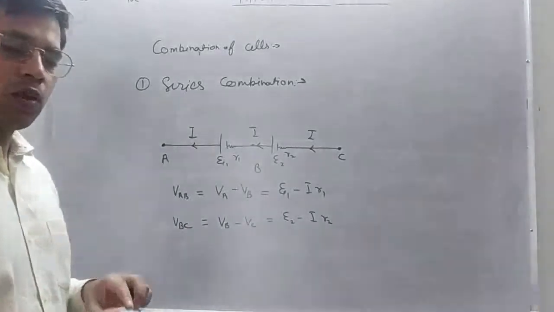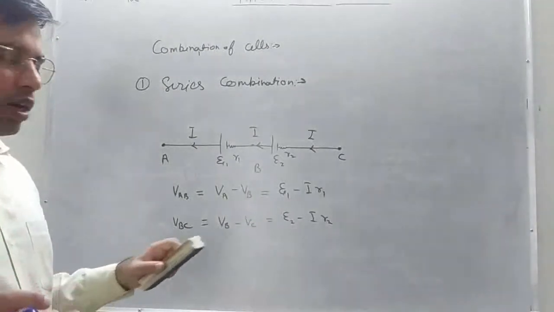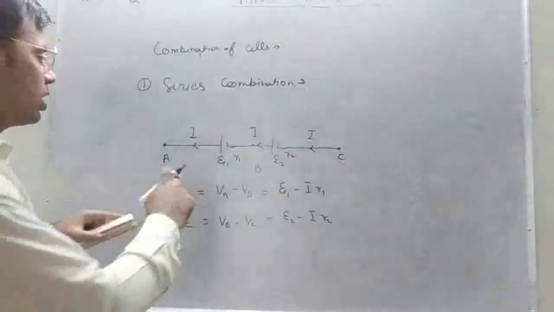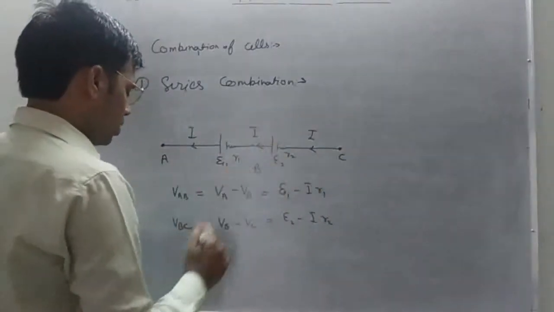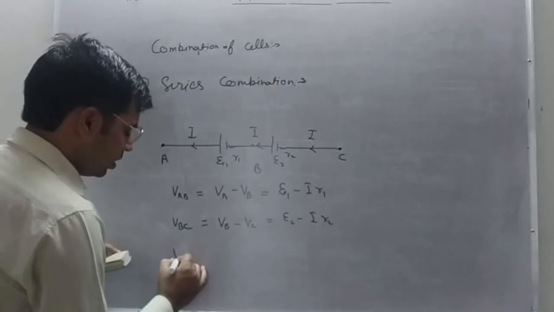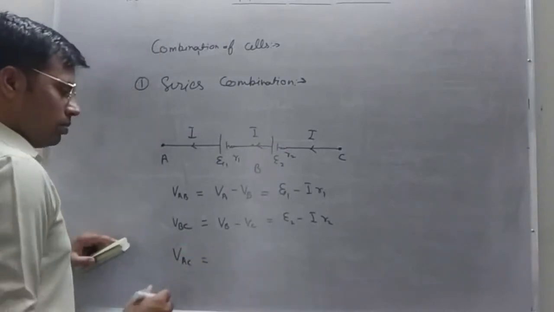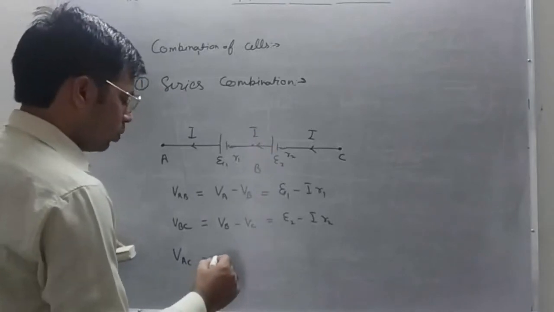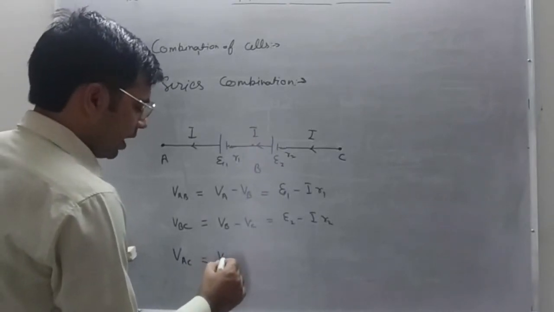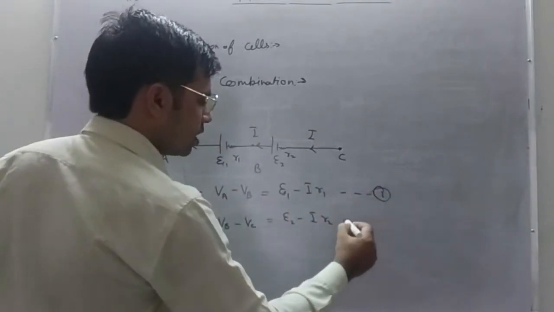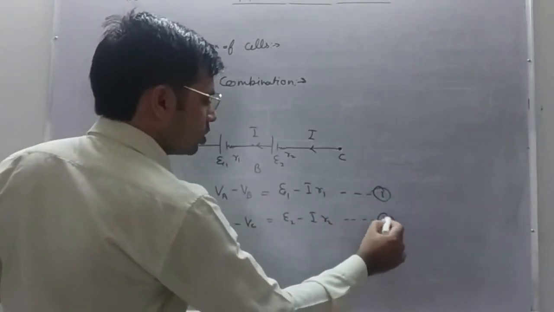This is the potential across BC, and this is the potential across AB. We want to calculate the total potential across terminals A and C, the total potential of this combination, VAC. So we will add these equations. Let's suppose this is equation number 1 and this is equation number 2.